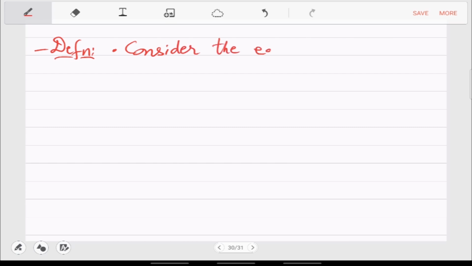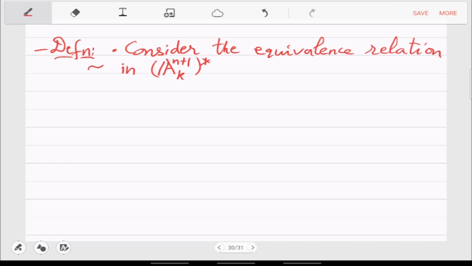consider the equivalence relation tilde in the affine space, removing 0.